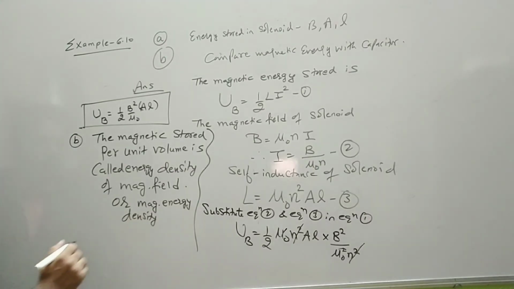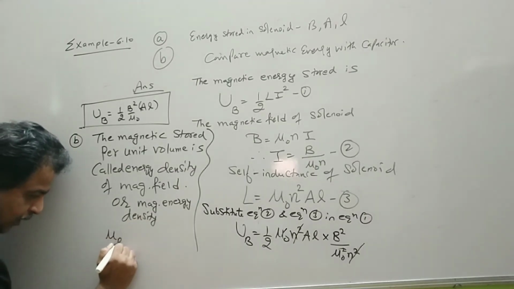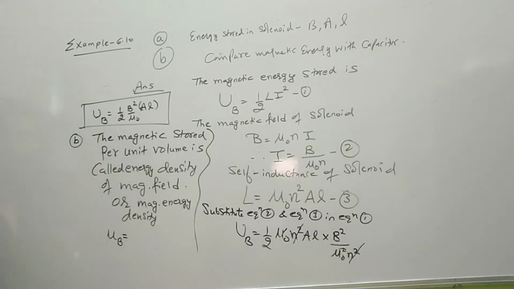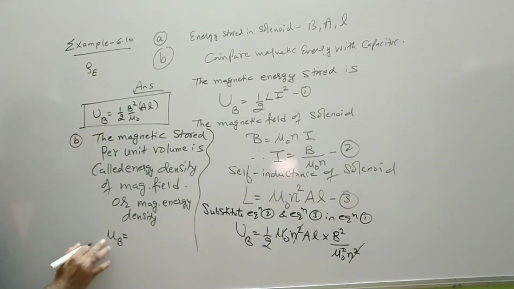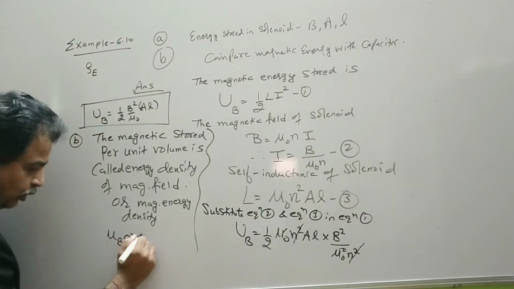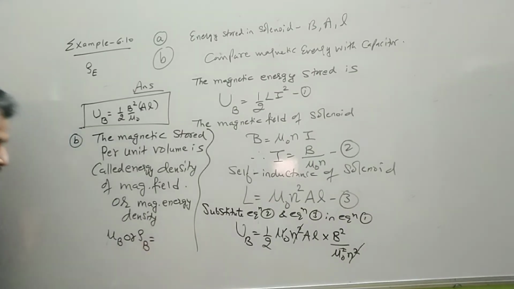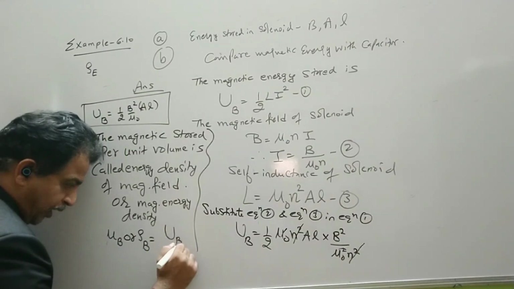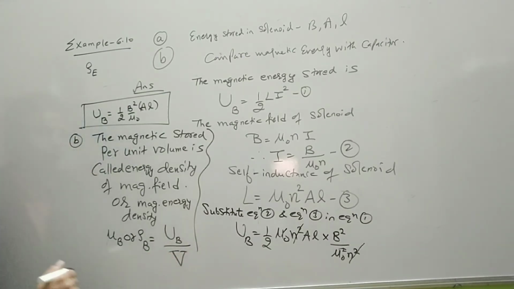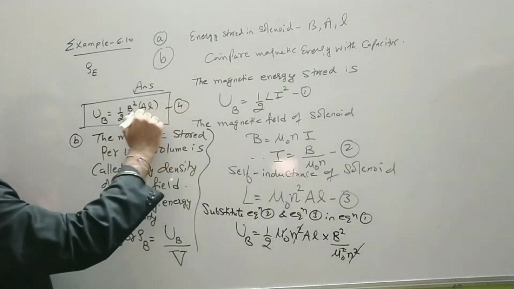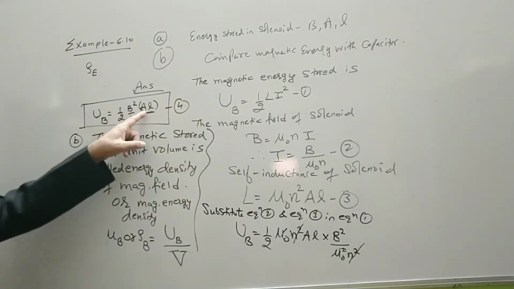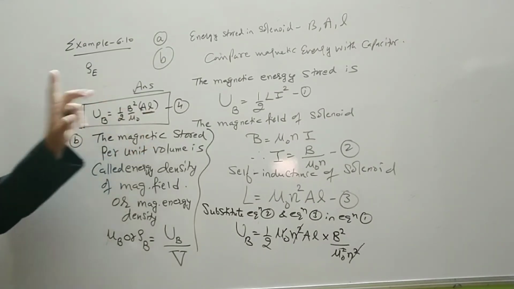The symbol used is small u B. In the capacitor we used the symbol rho E. So here we can use u B, or sometimes we also write rho B, where rho is the symbol for density, so it is energy per unit volume. Now let us name this equation 4. Area into length, the area of the solenoid multiplied by its length, is the volume of the solenoid.